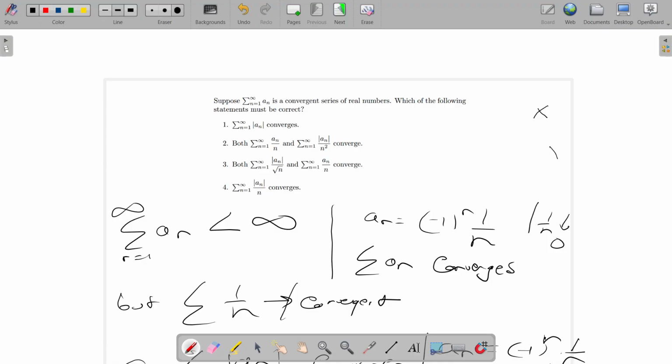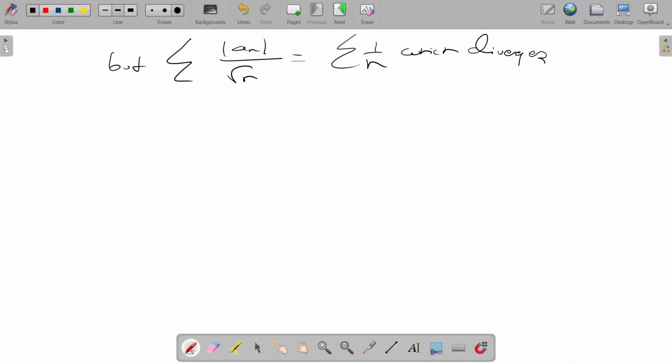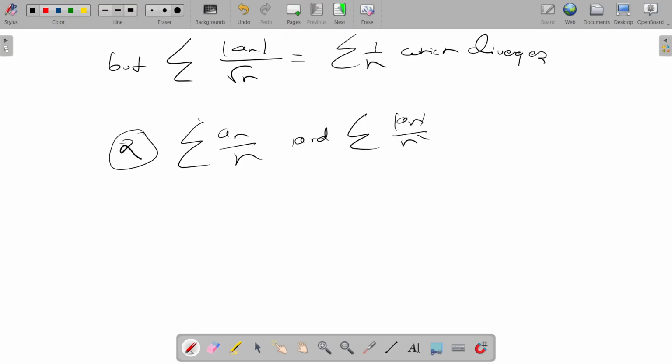Now for option 2, given that the summation of mod a_n by n and the summation of mod a_n by n square both converge.